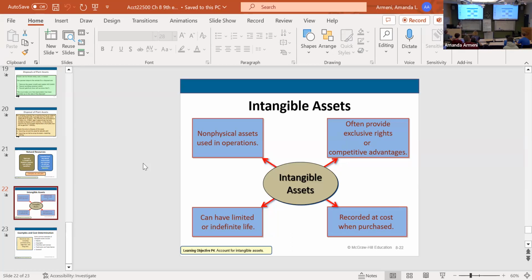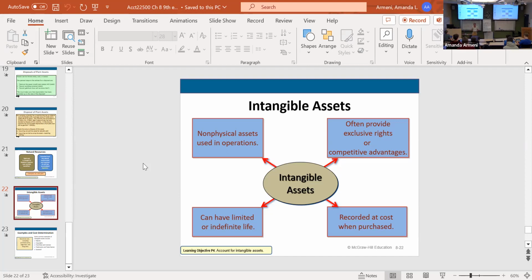Oftentimes, they could allow an organization to have sole use over something. So think of a pharmaceutical company, right? They get a patent for a particular drug. And that patent, not the drug, is the asset. The drug is inventory, because they're selling those drugs to hospitals and pharmacies and doctors and whomever.